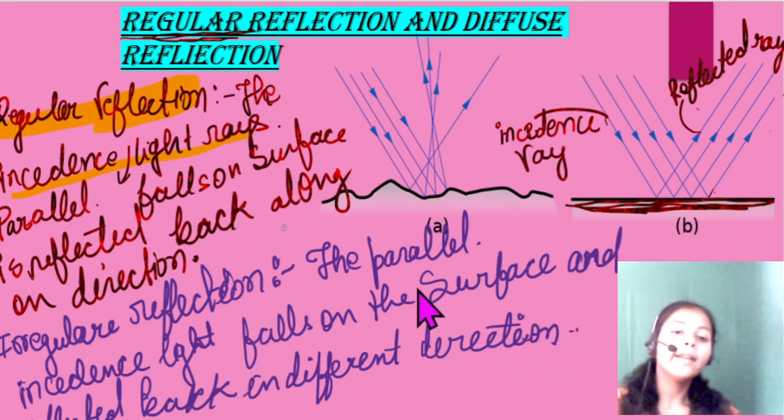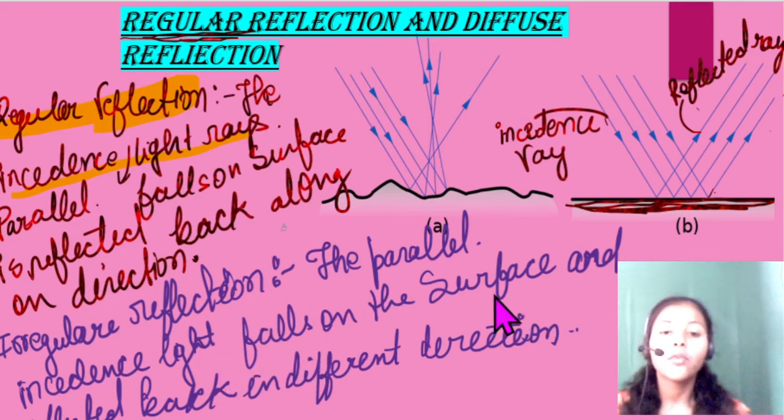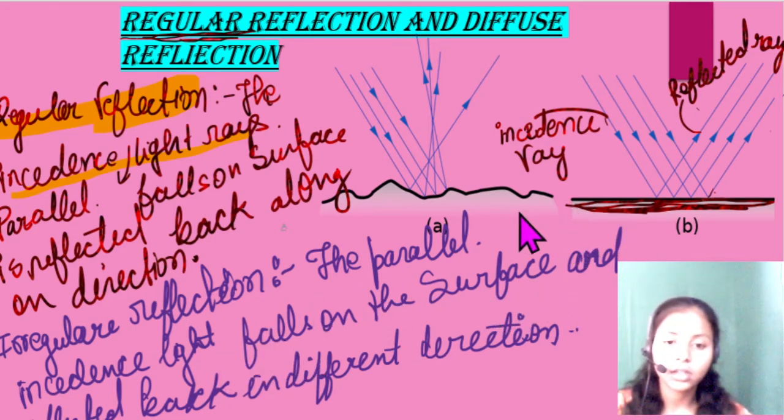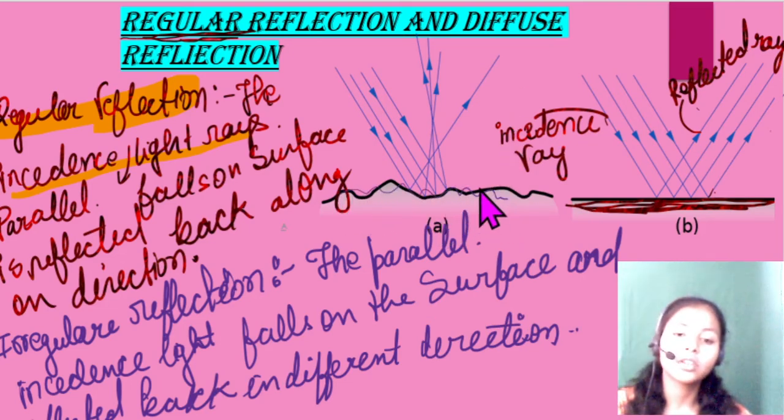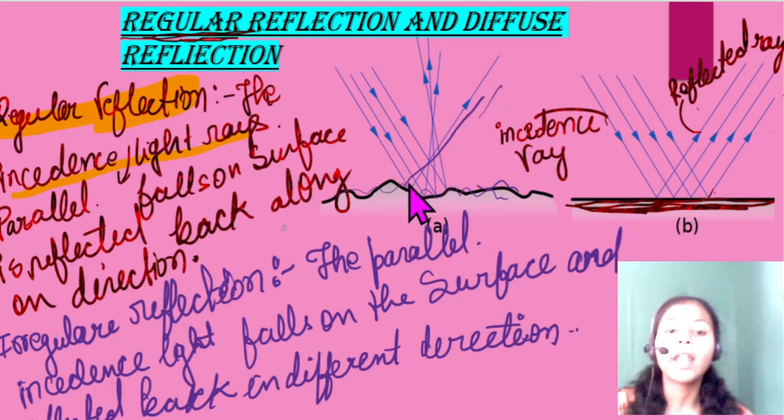This means the parallel incidence light falls on the surface, this is our surface, and is reflected back, but in different directions.